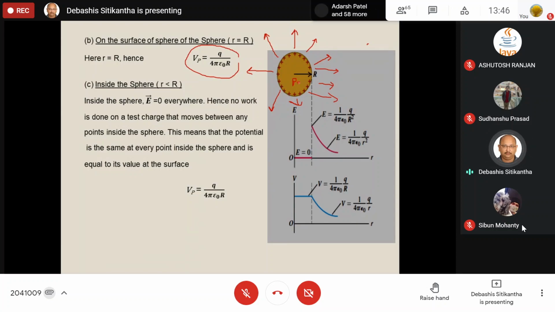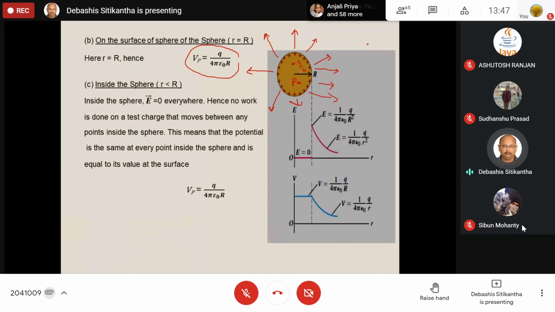Now, if there is no field present inside, and let us say I place a charge Q0, then one will be tempted to say that this Q0 is not going to sense any electric field, and therefore the potential is going to be zero. Is it? No, it is not like that.